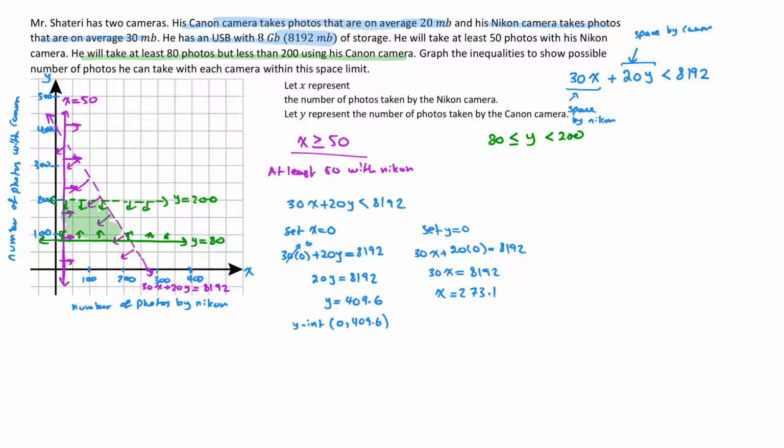And I forgot to actually mention over here that our x-intercept is at 273.1 and 0. And it also has some more challenging inequalities that we have to graph. So all of them are here, but just make sure that you kind of understand why we're using these ideas and what kind of questions we can model by inequalities.